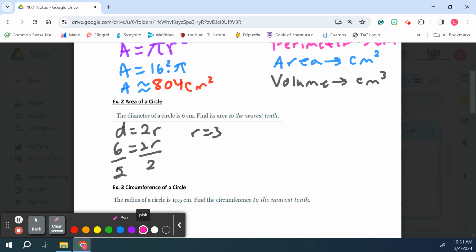Now I just substitute it into the area formula. Area equals pi times the radius squared. This will be pi times 3 squared, which gives me 9 pi. So what's 9 times pi approximately? And they said round to the tenth.